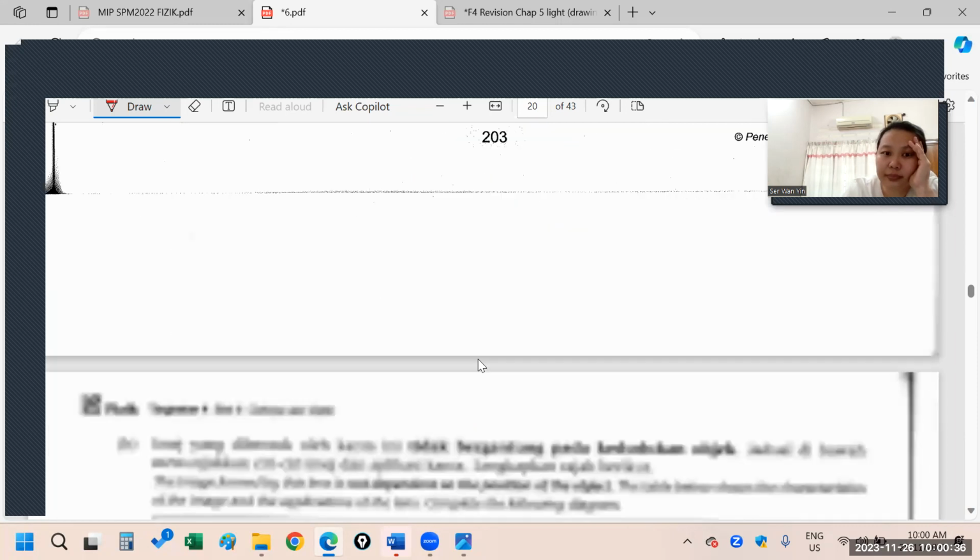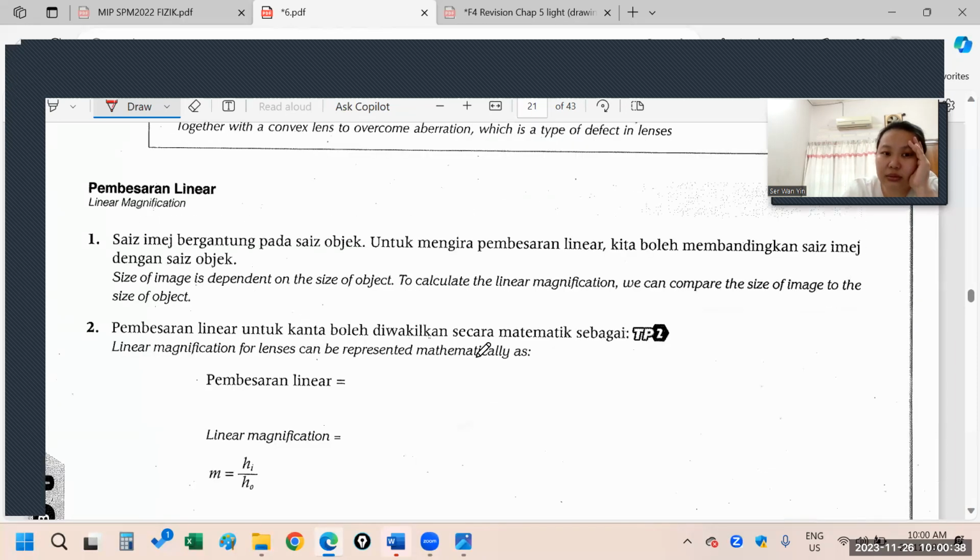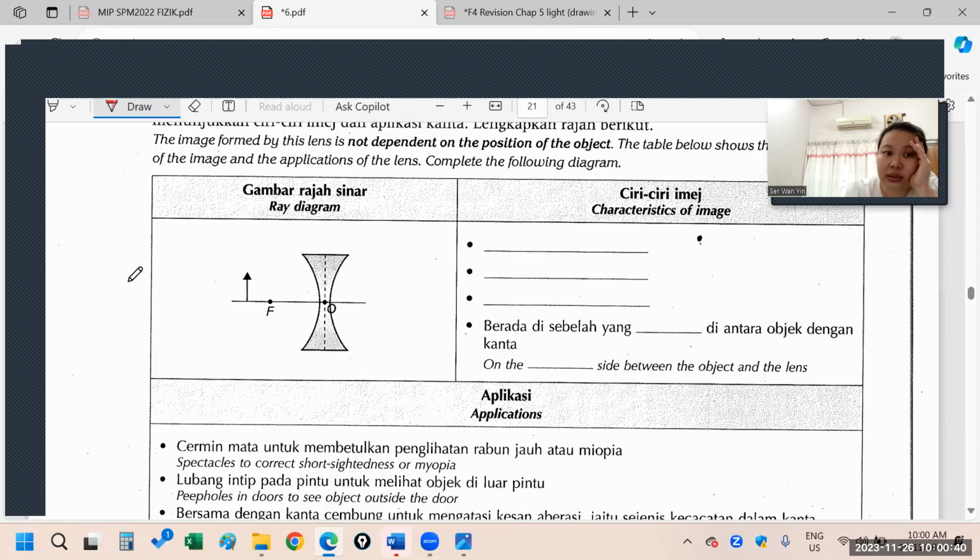Okay. So now how about this? Same thing, look. K. Because this is concave, so it will diverge. So how much it should diverge? How much it should diverge depends on the F here.